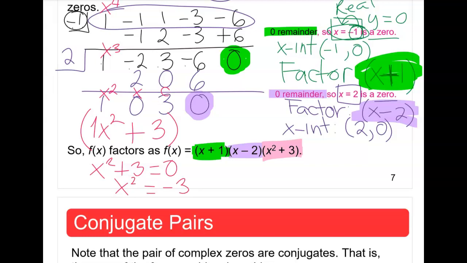So by taking the square root, we wouldn't get a real solution, but we will get the square root of -3, which could be factored as -1 times 3. And what that means is that x is equal to the product of the two square roots, the square root of -1 times the square root of 3.